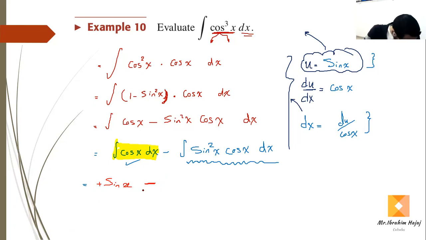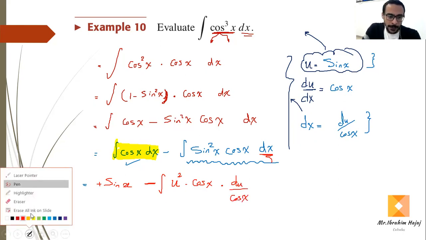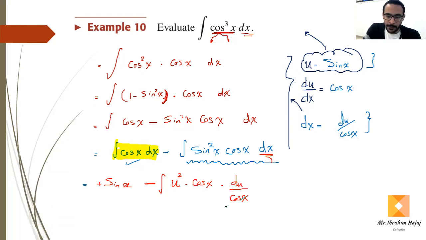And here we substitute: the integral of u squared times cosine x, multiplied by du over cosine x. So it works out, and you have to cancel out the cosine x.